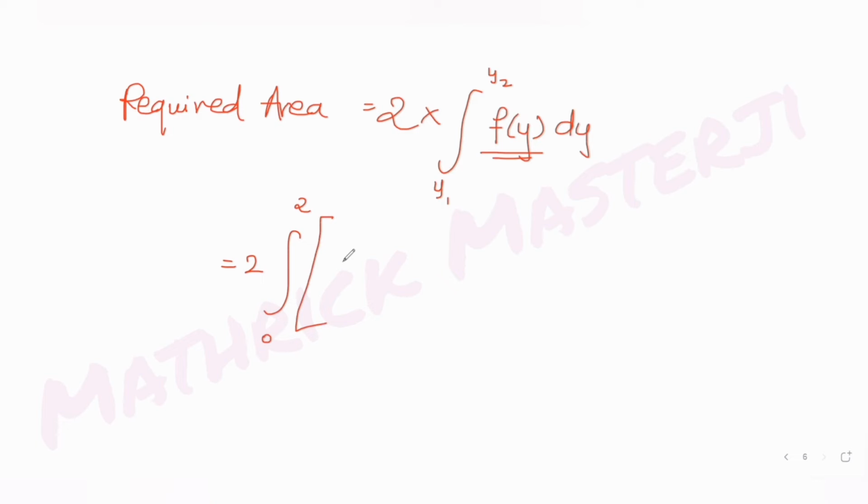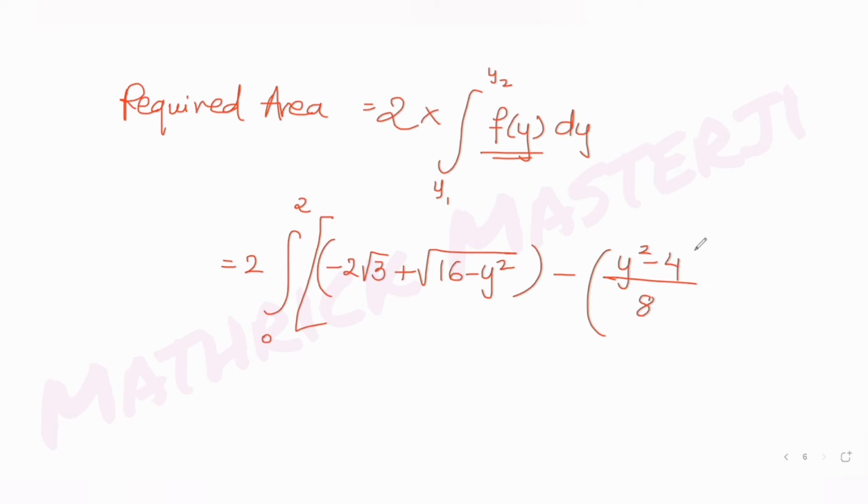So first, the equation of circle in terms of y was minus 2 root 3 plus root of 16 minus y square, minus the parabola. So I write my equation of parabola as y square minus 4 over 8. This entire thing is with dy. Now let's find the integral of this entire thing.